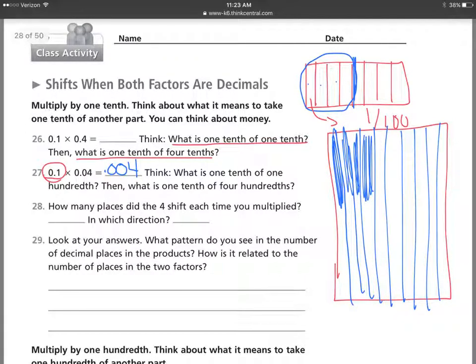Because you're only taking 4 out of a whole unit that's broken into 1,000 pieces. And taking 4 out of 1,000 is 4 thousandths. That can be written as a fraction, 4 over 1,000, or it can be written as a decimal, 0.004.